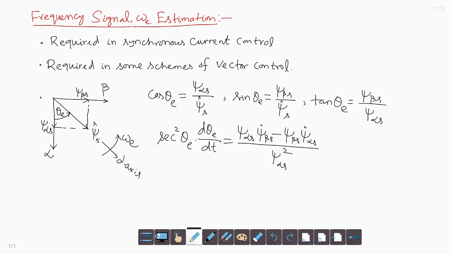So, you get d theta e by dt equals psi alpha s into psi beta s dot minus psi beta s into psi alpha s dot divided by psi s square, after multiplying cos square theta e on both sides.